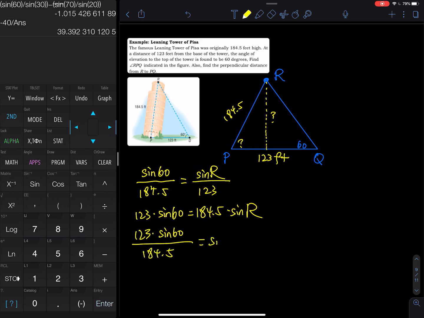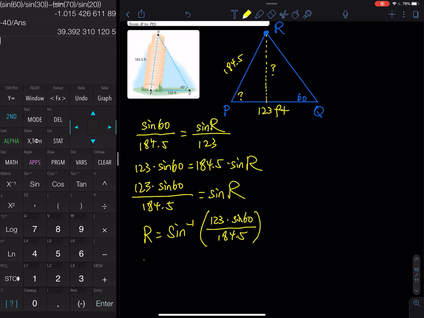That is equal to sine of R, and then R is equal to inverse sine 123 times sine of 60 divided by 184.5. All right, let's see what that equals to.